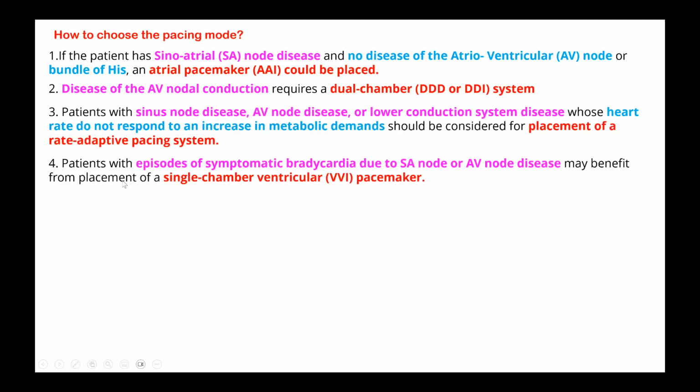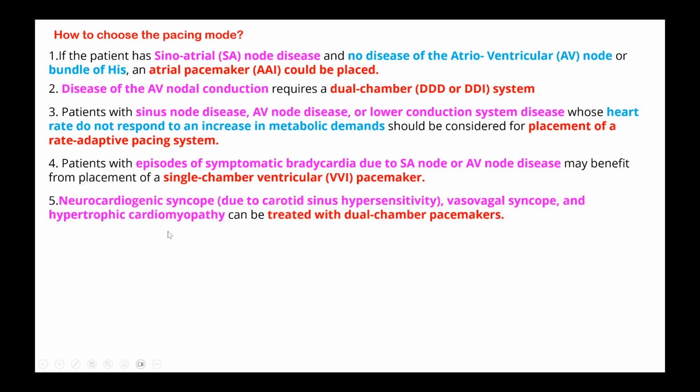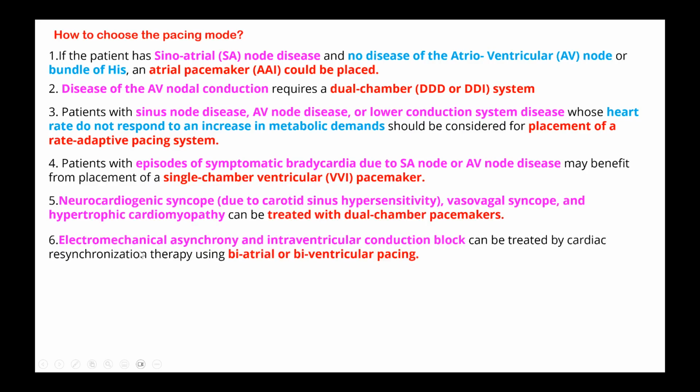For a patient with episodes of symptomatic bradycardia due to SA node or AV node disease, you need a single chamber ventricular pacemaker. It's a VVI. For neurocardiogenic syncope due to carotid sinus hypersensitivity or vasovagal syncope, and hypertrophic cardiomyopathy, you need what is called a dual chamber pacemaker. And electromechanical asynchrony or intraventricular conduction block can be treated by biatrial or biventricular pacing.